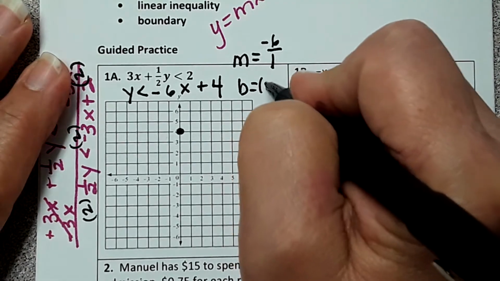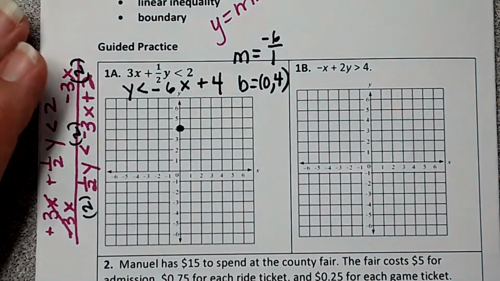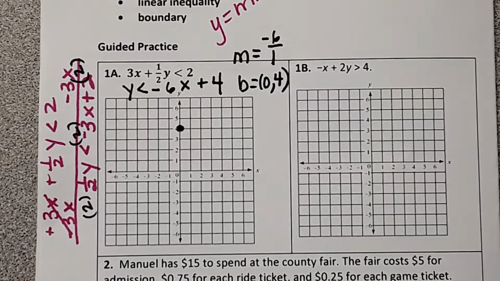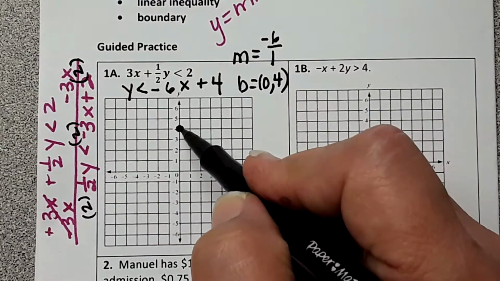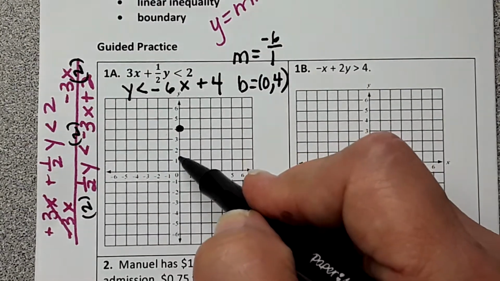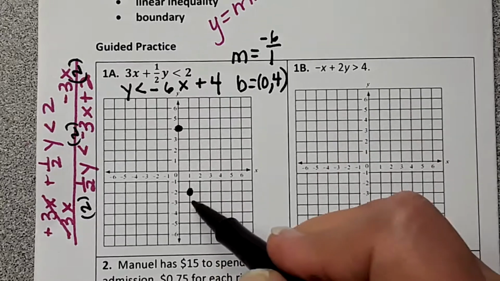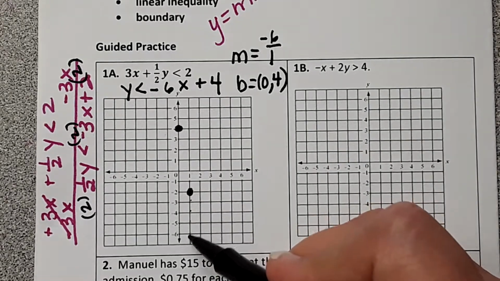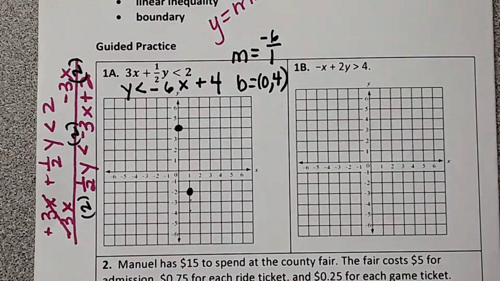My y-intercept, I always like to write it as an ordered pair so I remember that it's 0, 4, so it's never going to be on the x-axis. I'm going to go down 6, to the right 1. 1, 2, 3, 4, 5, 6, to the right 1. 1, 2, 3, 4, 5. I can't really go anymore. So 2 points is enough. It's not great, but it's enough.